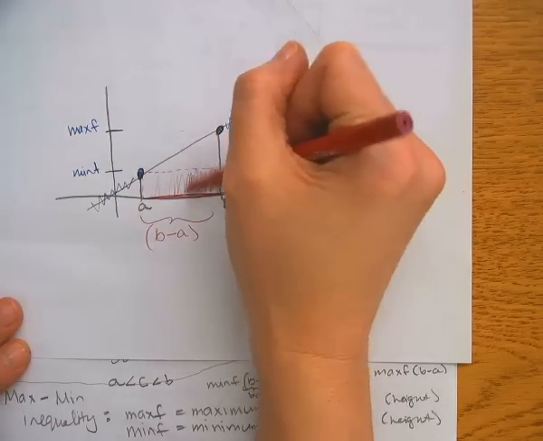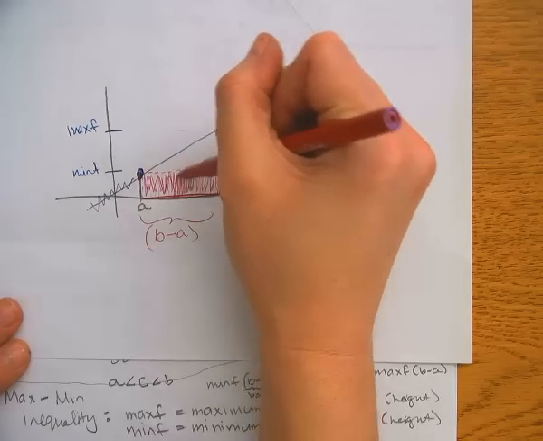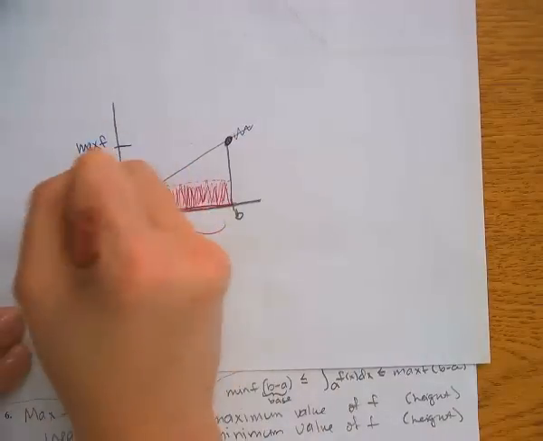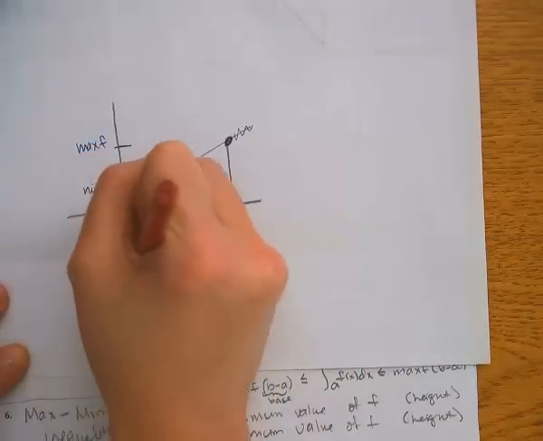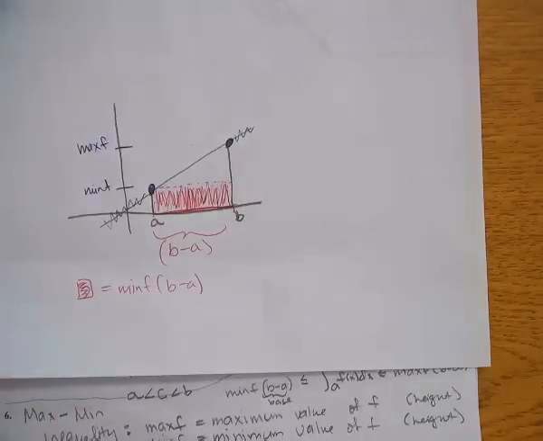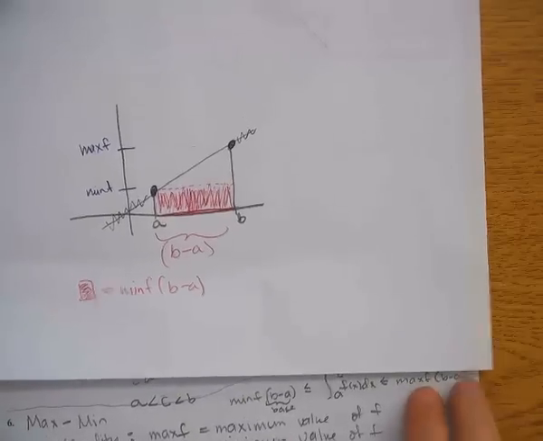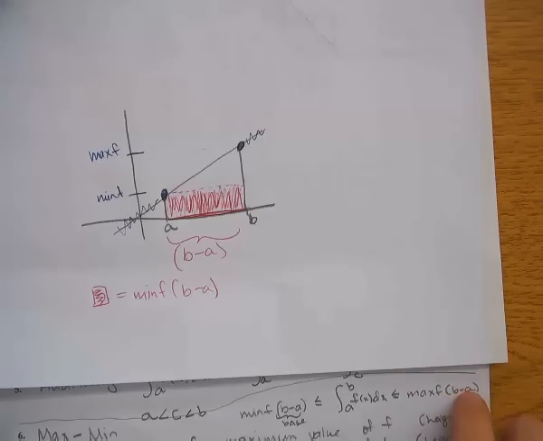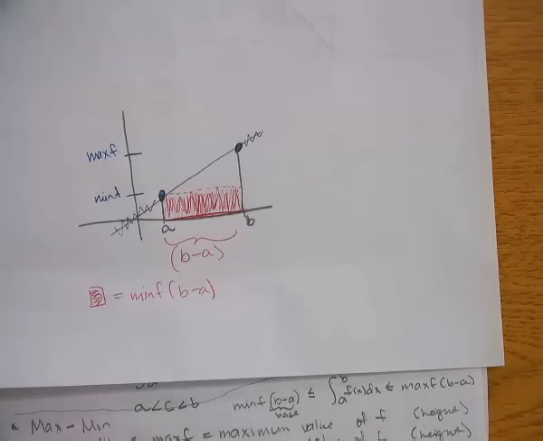So that right there, shaded in red, I'm going to put red area, is the min f times b minus a. Okay, now if I were to find the maximum value of f times b minus a, well, that would be up here.